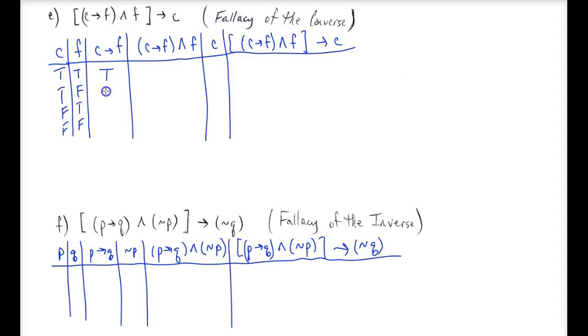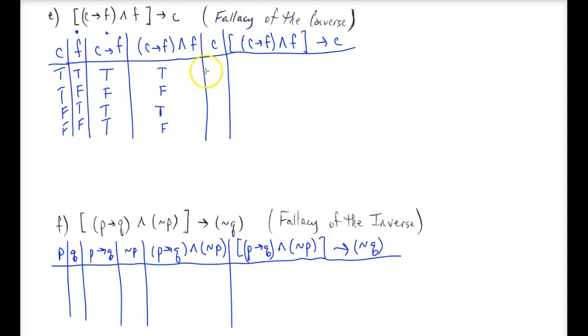So we'll have true, false, true, true. And then we have this statement ANDed with the F statement. The only time an AND statement is true is when both are true. So we have true, true here, and false, false, so that's false. True, true. False, true, which is false.